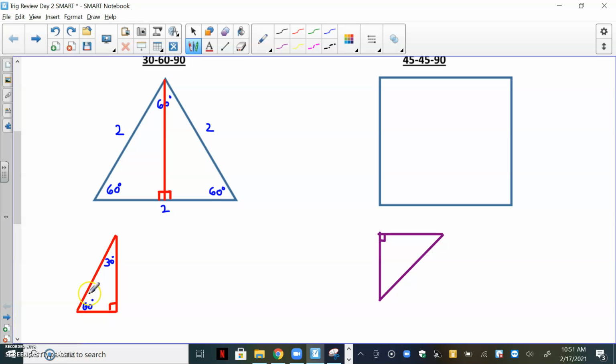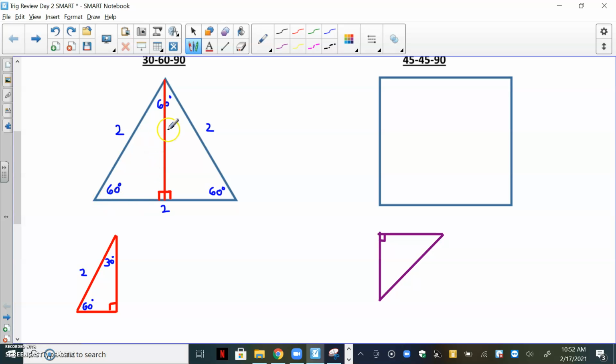So we know that the longest side, based on what we're looking at in the original, is going to be 2. Right, because that side was not altered at all. But the base here, it did change. So if we look at the original base of our equilateral triangle, it was 2.